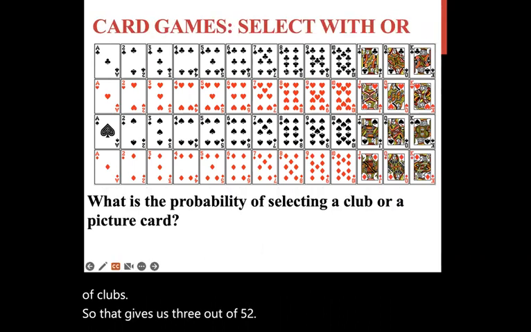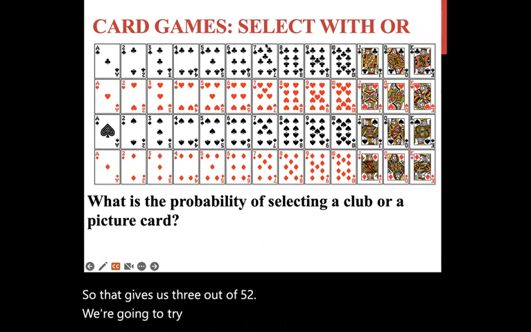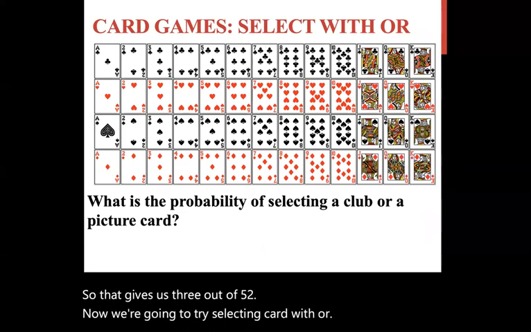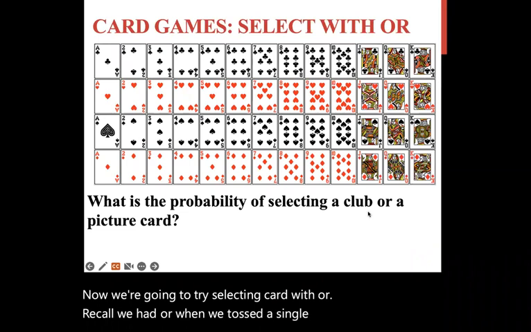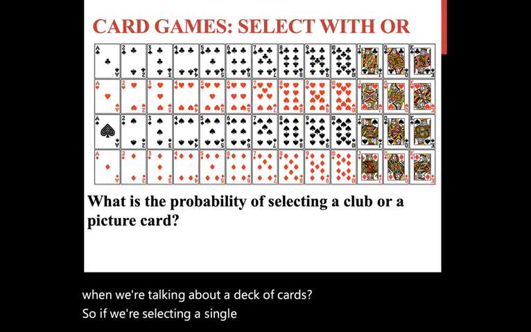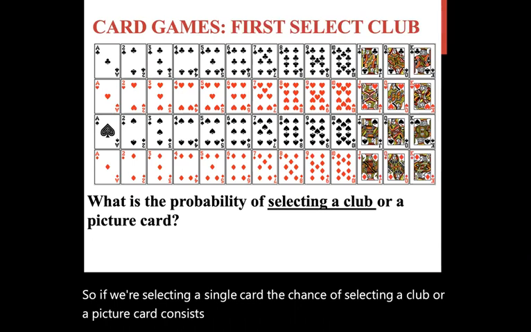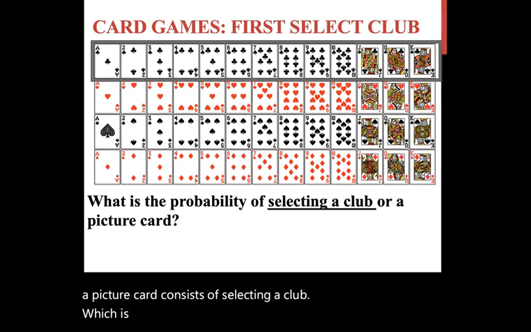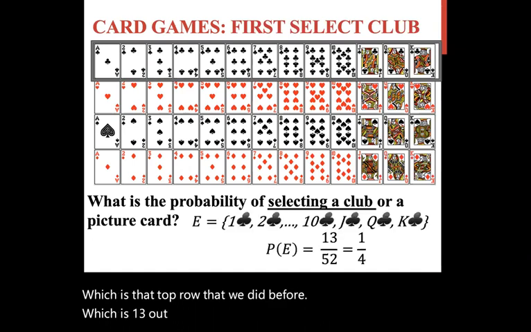Now we're going to try selecting a card with or. Recall we had or when we tossed a single coin. How does it work when we're talking about a deck of cards? If we're selecting a single card, the chance of selecting a club or a picture card consists of selecting a club, which is that top row that we did before, which is 13 out of the 52, or 1/4.